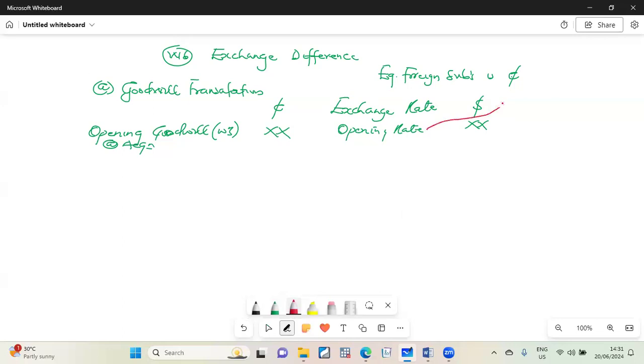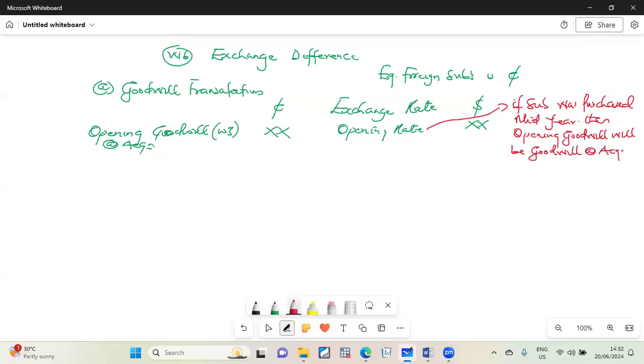Let me just say that if the sub was purchased midyear, then your opening goodwill, take note of that, will be called goodwill at acquisition, and that you have to now bring in the spot rate.